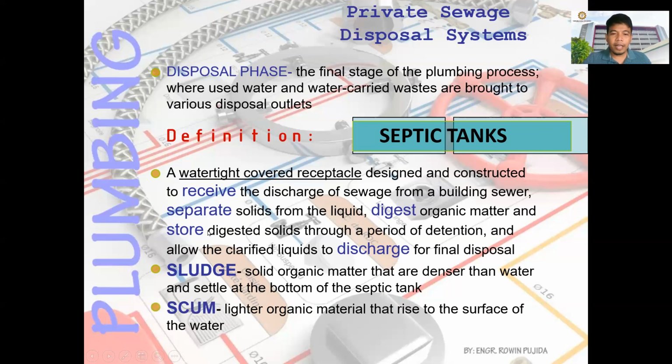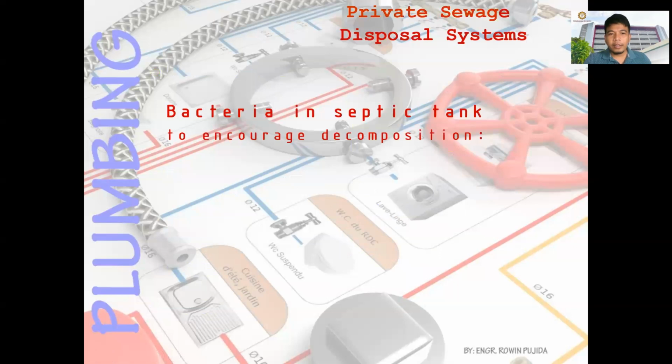Then you have the scum, which is lighter organic material that rises to the surface of the water. And effluent is the liquid content of the sewage. There are also bacteria in the septic tank to encourage decomposition.